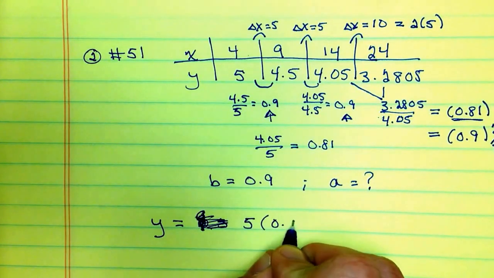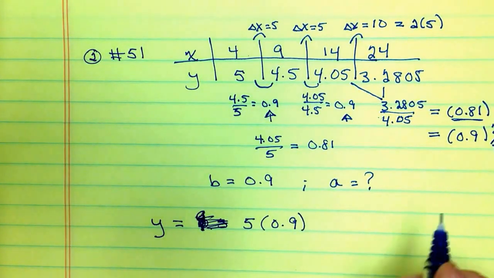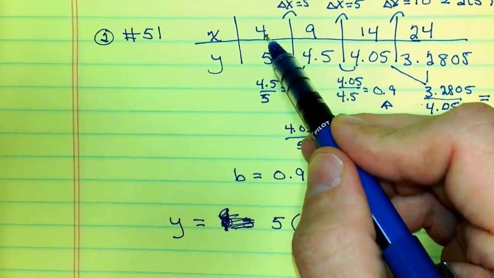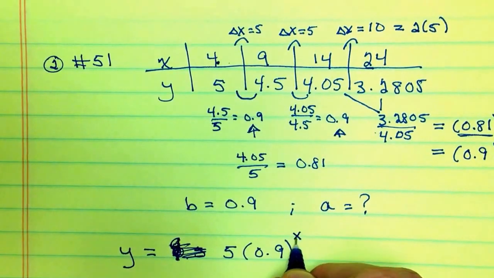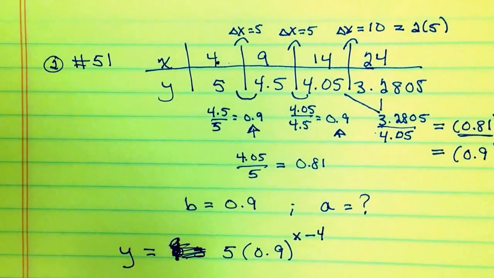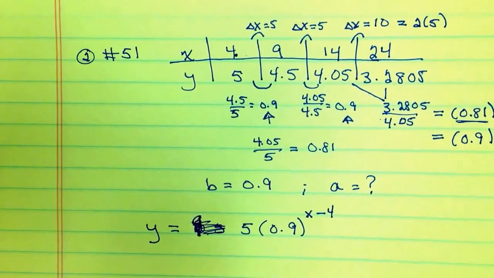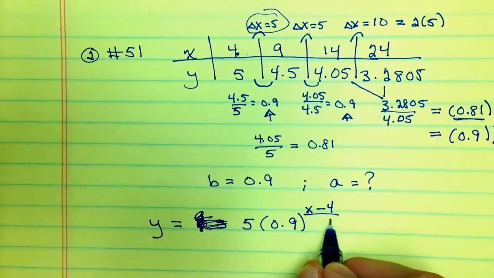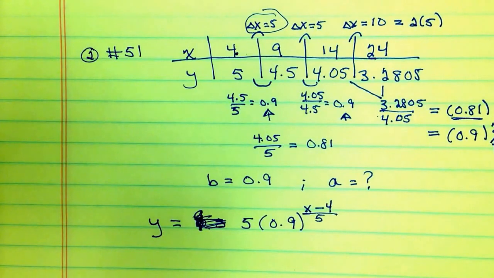5 times 0.9, and then how far from 0 is this? This is 4 units from 0, so do x minus 4, a horizontal translation. And then you divide it by whatever the delta x is, so divided by 5. And that's your exponent. Now we simplify this.